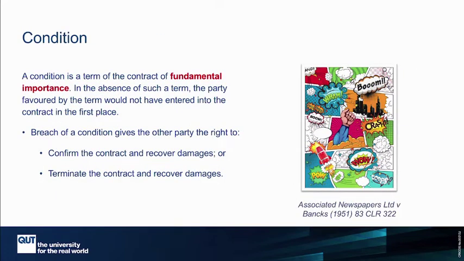So a condition is so fundamentally important, you wouldn't have entered the contract without it. If you breach a condition, the other party can terminate the contract and get damages. Right? They can keep the contract on foot if they want to. They can say, yeah, we want to keep going and get damages. But a breach of condition allows you to get out of the contract.